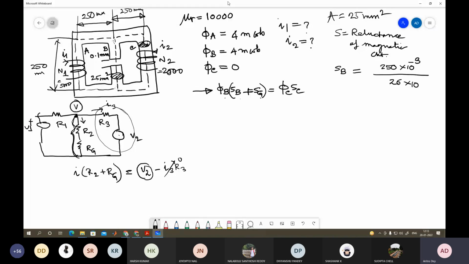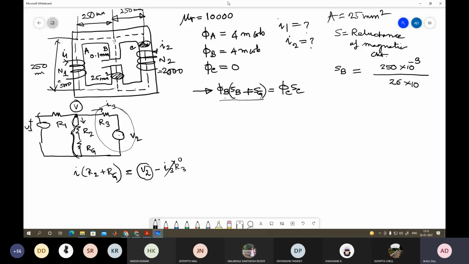Or if a flux line is going through this, whatever MMF will be produced in this, it will be developed in this path, it is the same as this. If phi C would have some value, then that MMF should be equal to the same MMF of this. So that should be nullified by this coil.